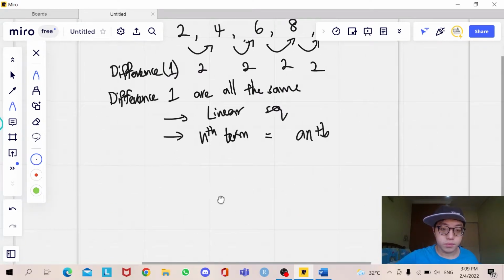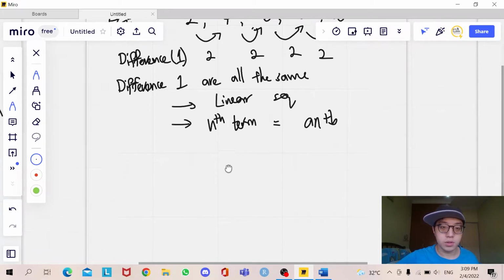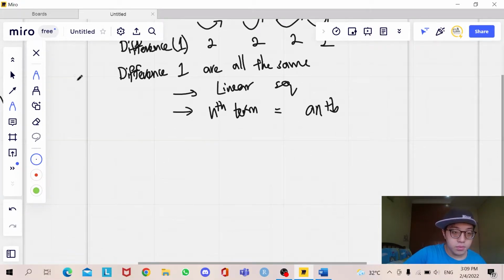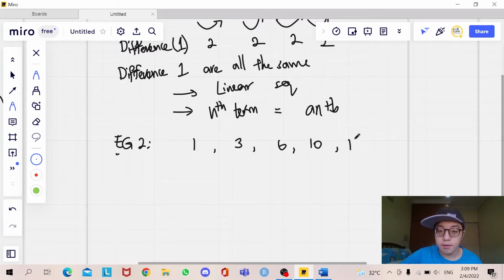This is a little bit small, yeah. Second example, example number 2. I'm gonna give you 1, 3, 6, 10, and 15.